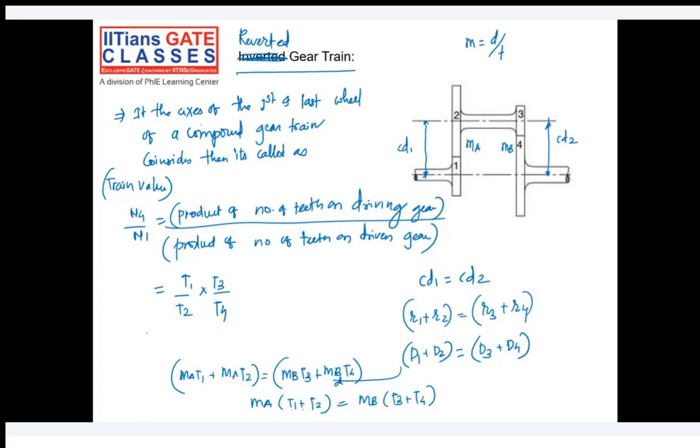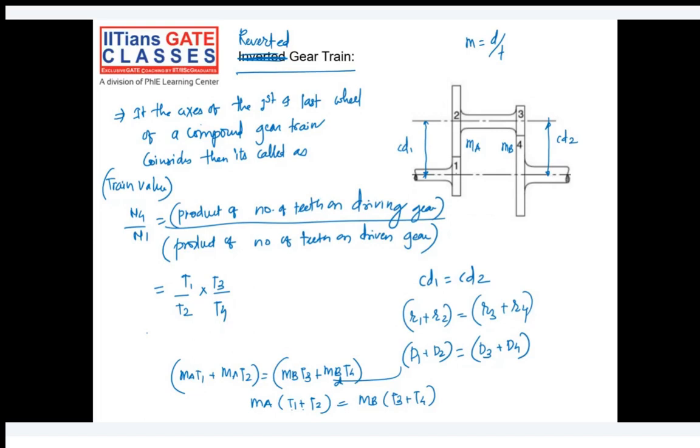So in a lathe machine, this gear train is used. Is it clear till this? Yeah.